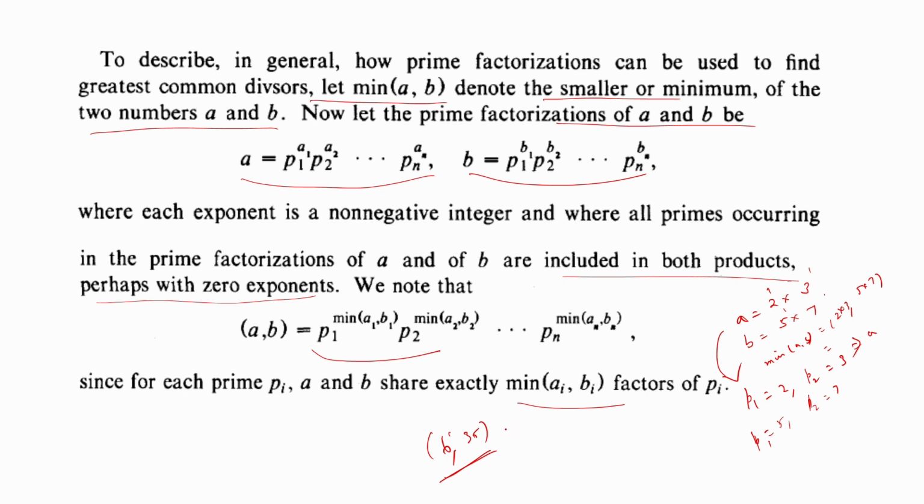The resultant will be 2 power 1 and 3 power 1 into 5 power 1 into 7 power 1, so 6 and 35.